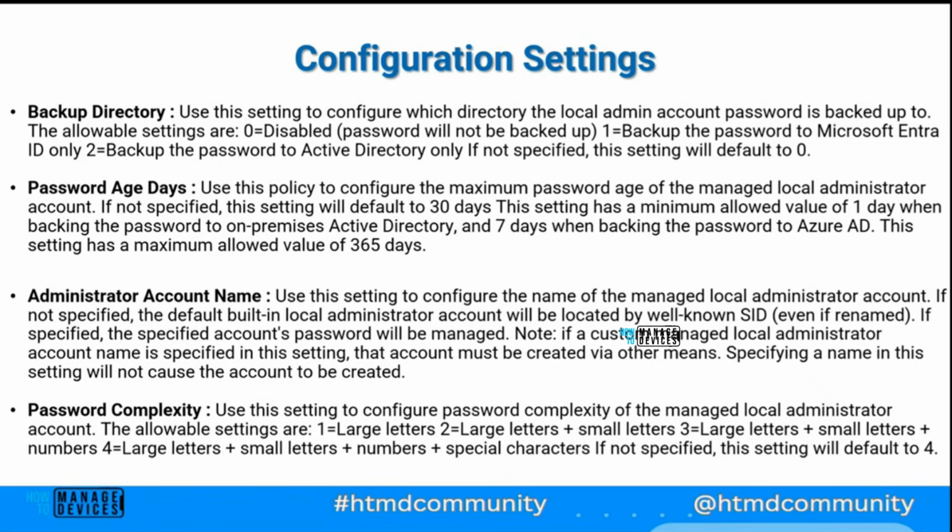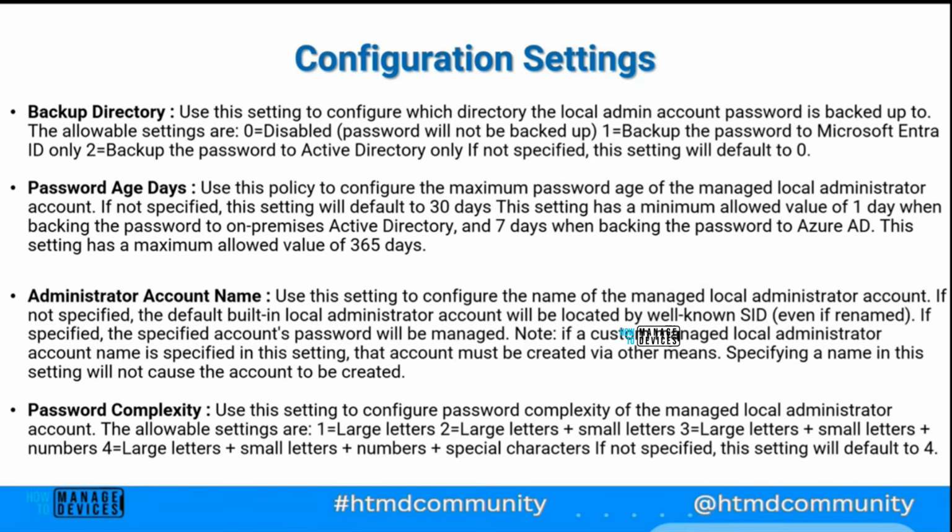Regarding the backup directory, use this setting to configure which directory the local admin account password is backed up to. As I already mentioned, the allowable settings are 0, 1 and 2. In the Intune portal we are not configuring it as a number because it is mentioned as a CSP value.